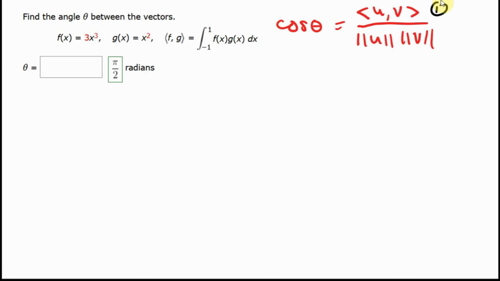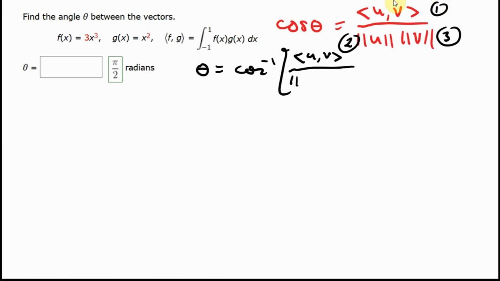We find the inner product, we find these norms, and then we can get the cosine theta, and then take the cosine inverse, and so theta is the cosine inverse of whatever you got for this quotient, when they ask for the angle.